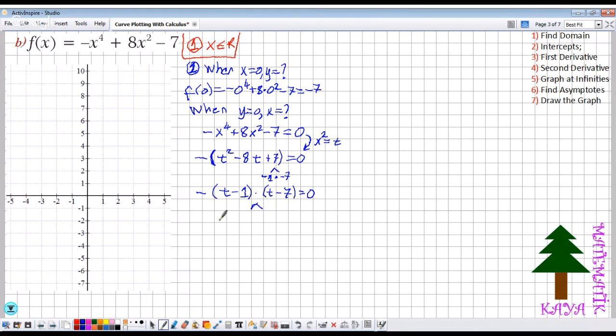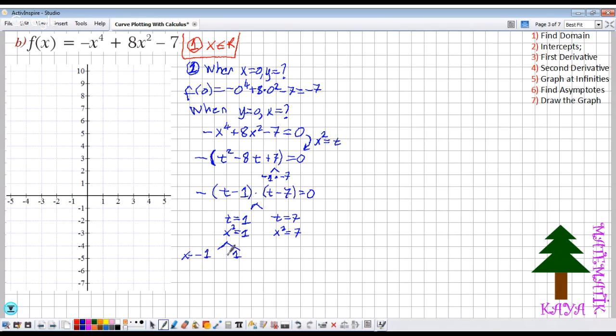So then we can find two results for t, for the new letter that we made. Then we put the x back. We replace t instead of x squared, so that means x squared can be equal to 1 and x squared can be equal to 7. To get 1 instead of x, we can put two different numbers like minus 1 and plus 1.